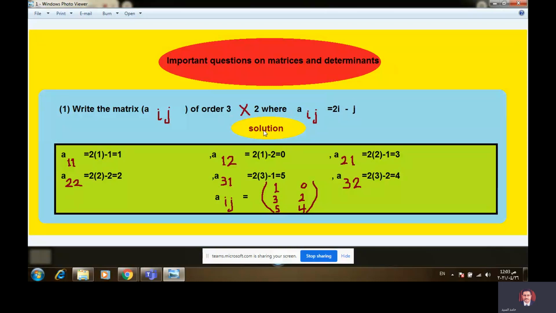This is the solution. a11 equal 2 times 1 minus 1 equal 1. a12 equal 2 times 1 minus 2 equal 0. a21 equal 2 times 2 minus 1 equal 3.